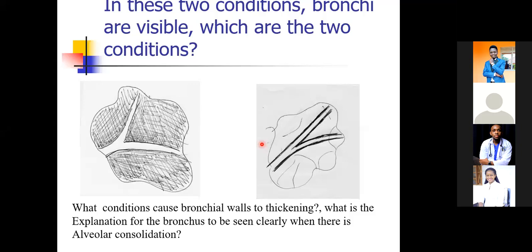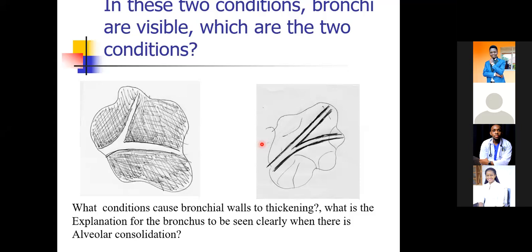The common mistake that we tend to make is when we talk about a positive silhouette sign, because that would mean there has to be a negative silhouette sign, so it doesn't really make sense.